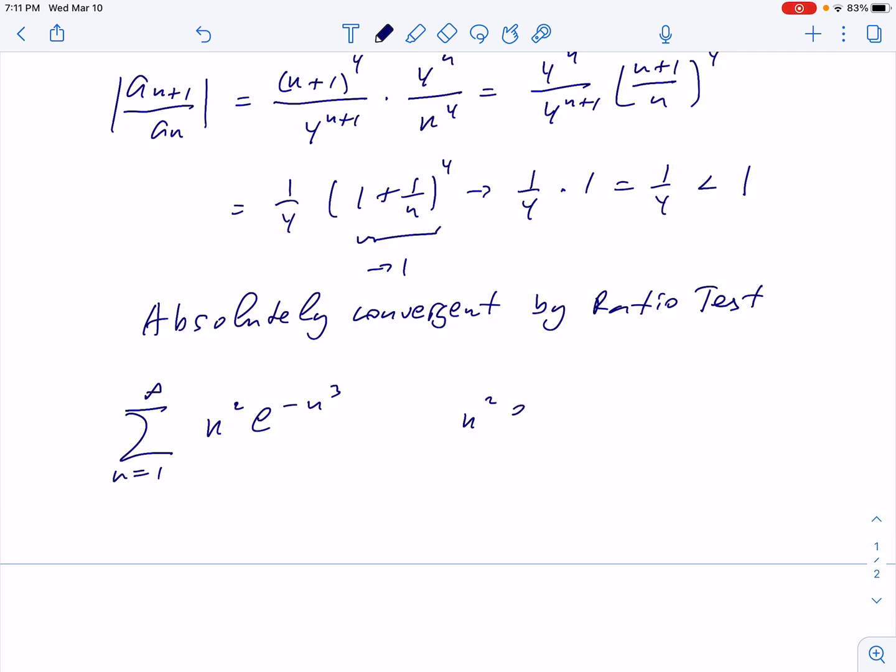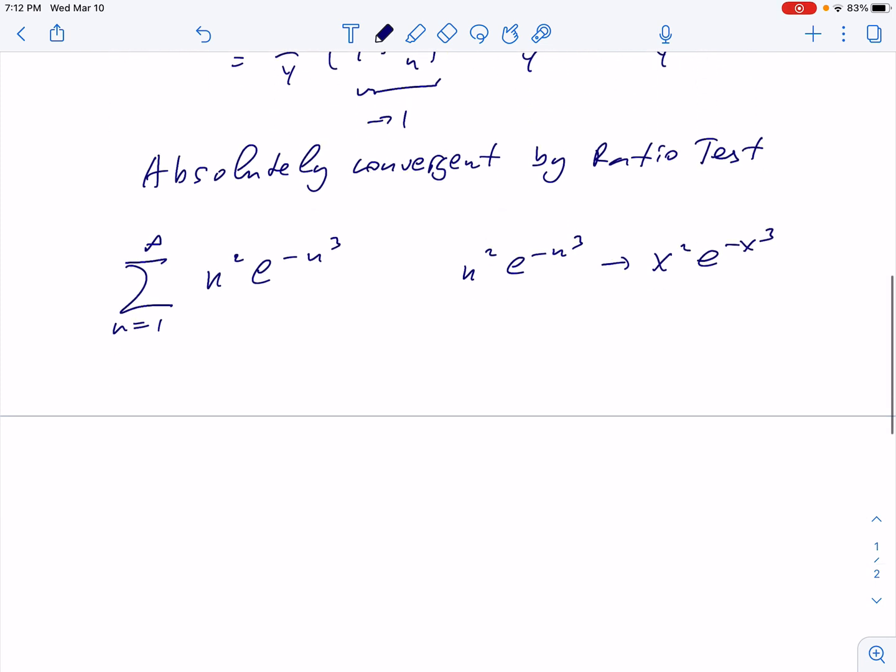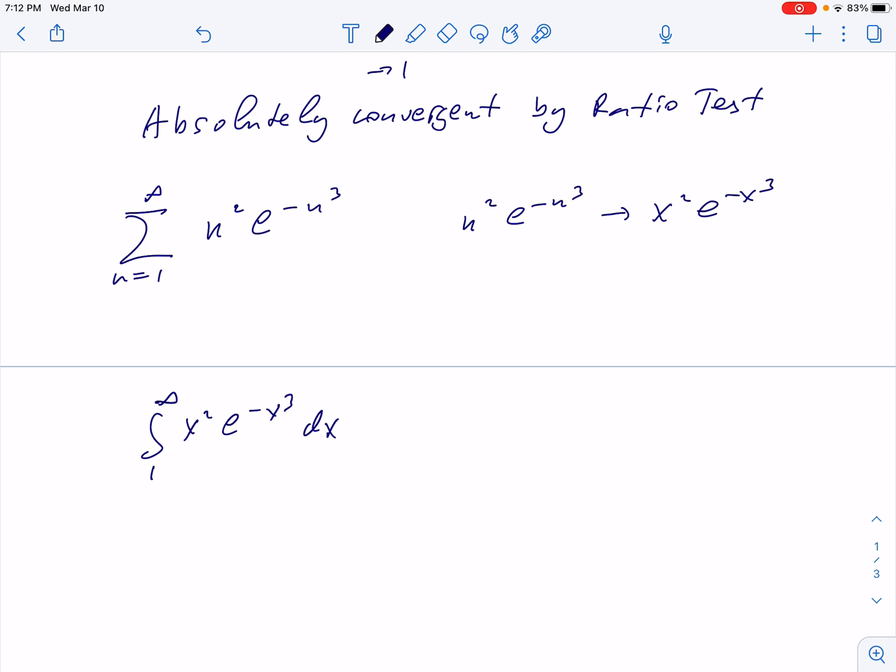N squared exponential negative n cubed extends to x squared exponential negative x cubed. So we need to take this integral from 1 to infinity, x squared exponential negative x cubed dx, and see is this convergent or not. And here obviously we have to make a substitution.